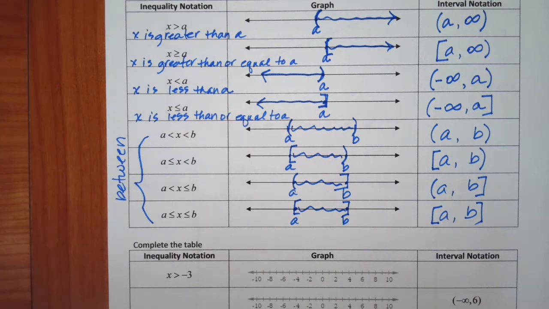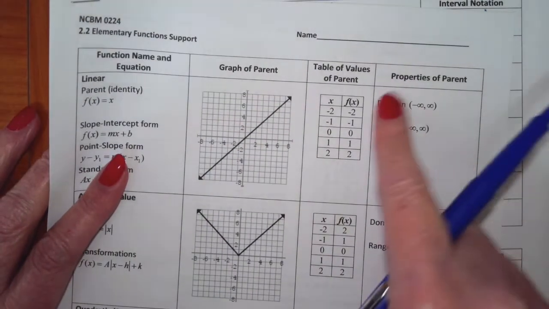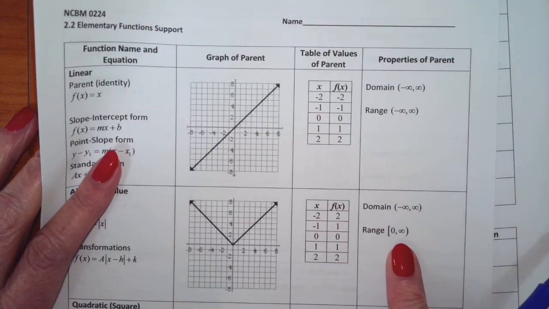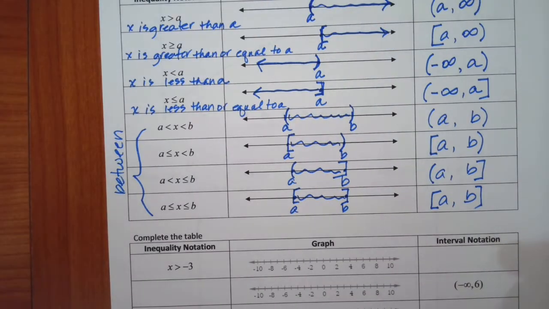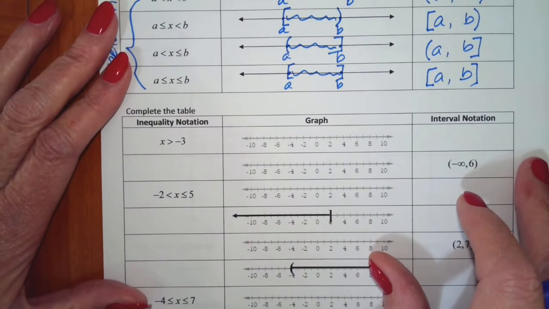Okay, so these are the notations that we're going to need, and if you'll notice back on your guide here, your domain and range are listed in that fashion. Okay, so let's get down to some numbers.